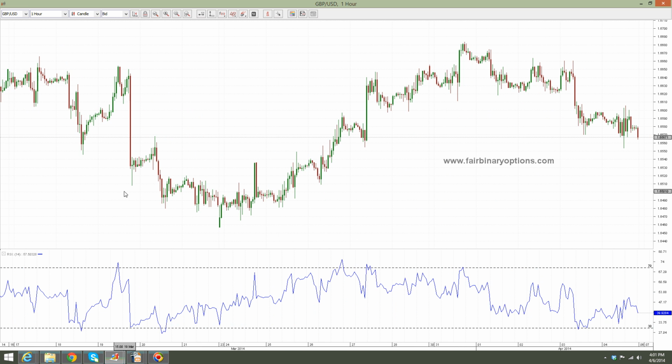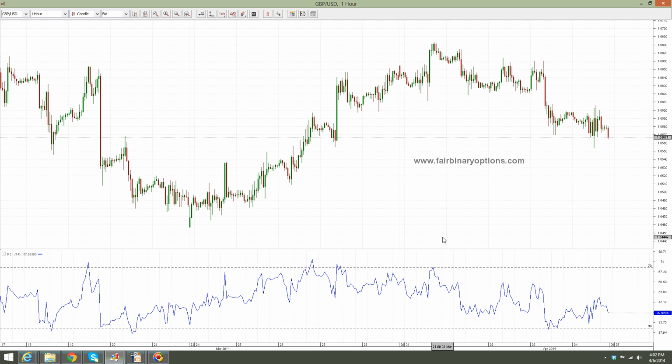A divergence means that something is not right. Price moves to the upside, but the oscillator is not confirming. Or price moves to the downside, but the oscillator is not confirming. That is a divergence.